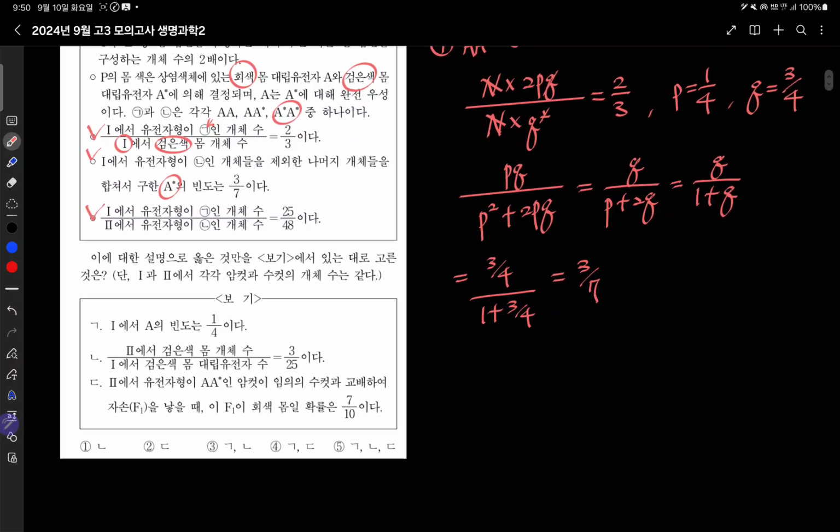So let's assume that the second population size is 2n, and the second population has different allele frequency. So for the A asterisk homozygote in the second population, the frequency will be q prime squared.